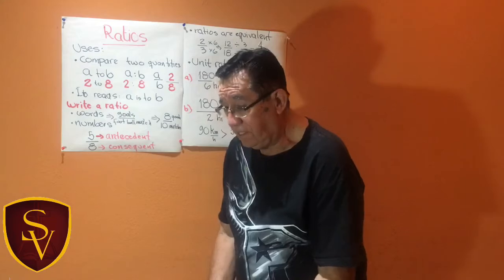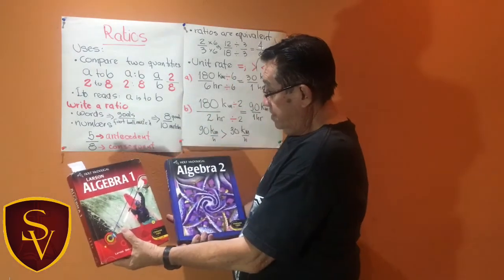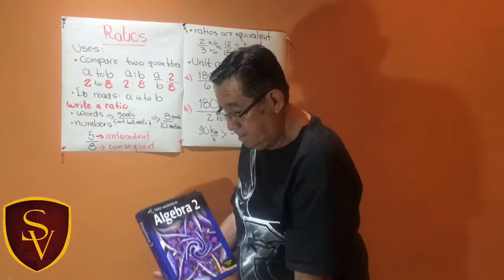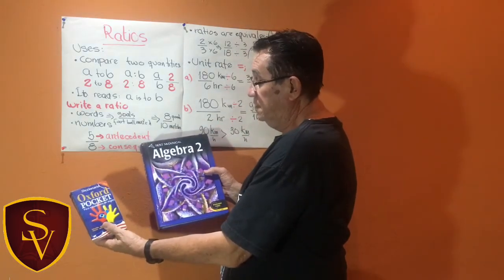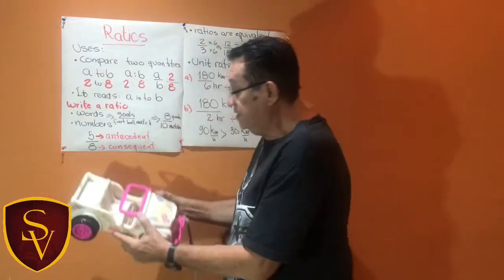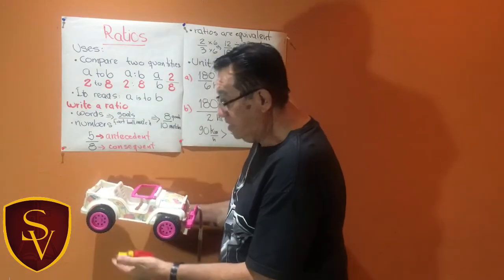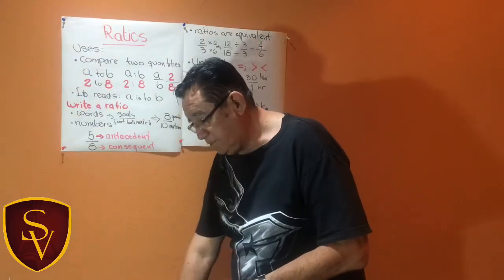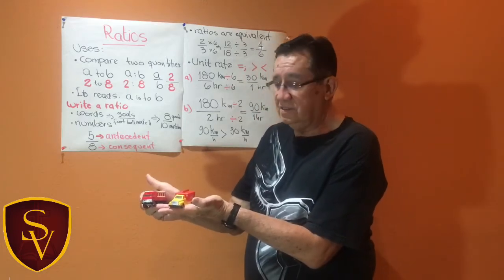We can compare books which look equal, same size, or compare books of different types and sizes, or objects like this beautiful car, which is bigger than this other one, which is smaller. Or we can compare the same object with different types of cars.